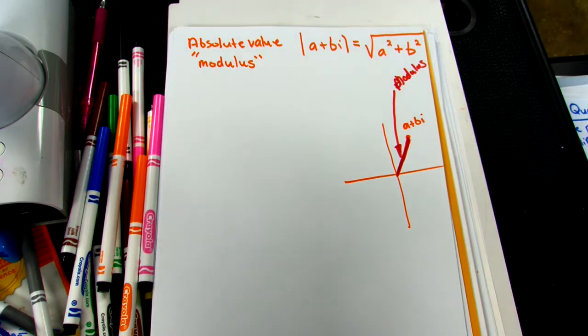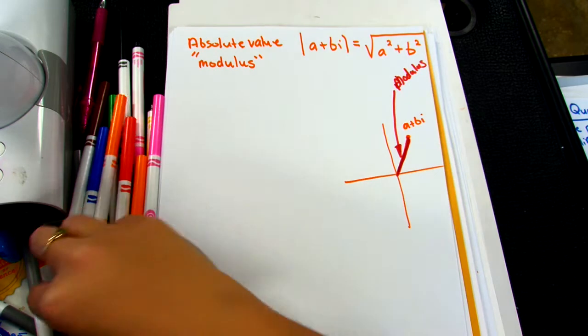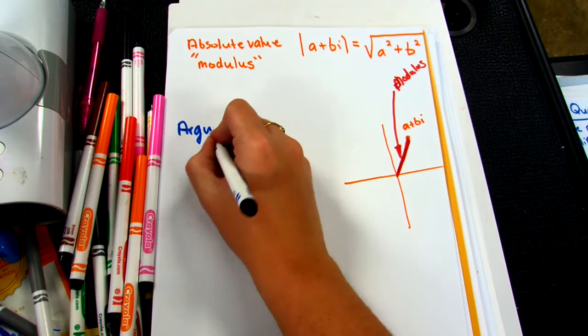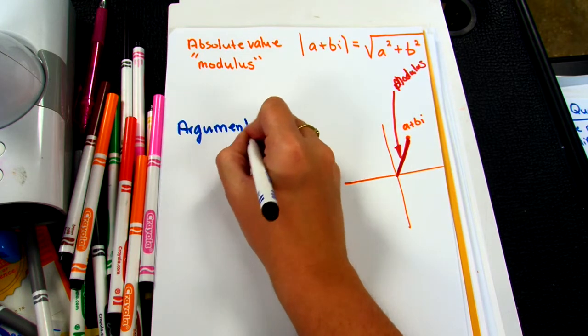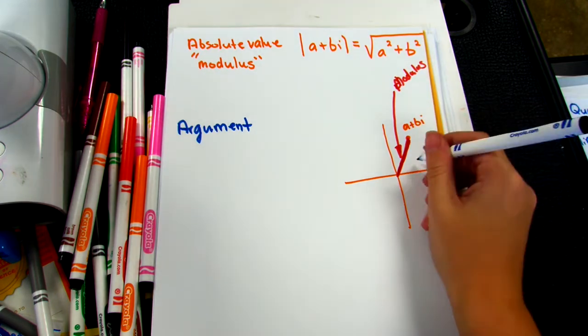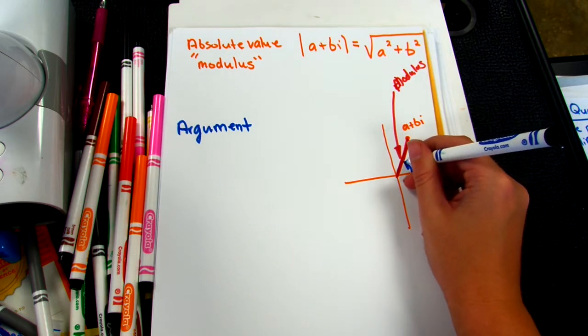Another important number that we're going to talk about now, other than absolute value, is called the argument. The argument is the angle from the positive real axis to the terminal ray that passes through the graph of the complex number. So it is this angle right here.